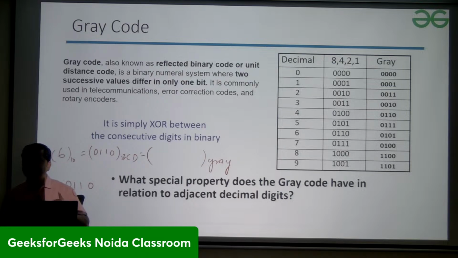If both the bits are different, in that case the output is going to be 1. That is the XOR logic. So the outcome is 1 over here. Now XOR this with the next bit. This is 0 because both the bits are the same.